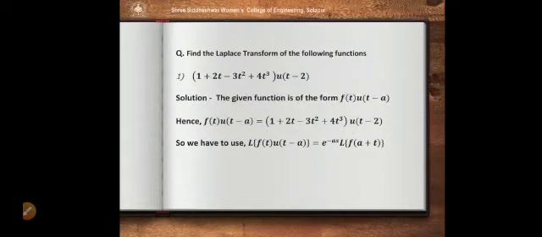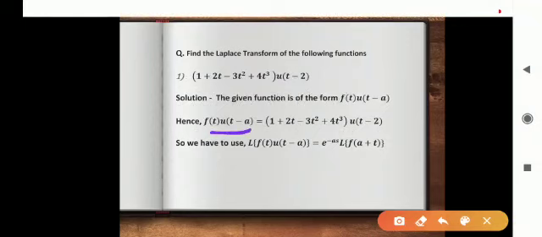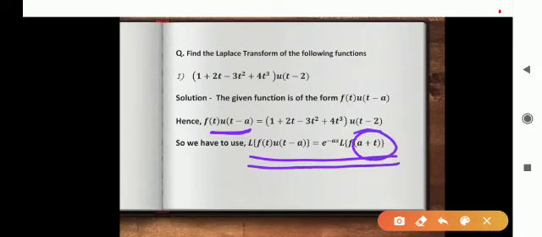And for this form, the Laplace transform result is like this. So surely we have to first find this f of a plus t, that is here a is 2. So L of f of 2 plus t is the first step, and then we have to just multiply it by e raised to minus as, that is e raised to minus 2s.